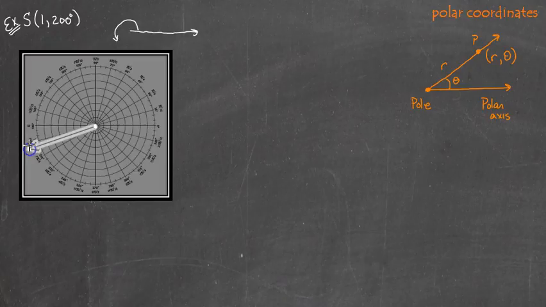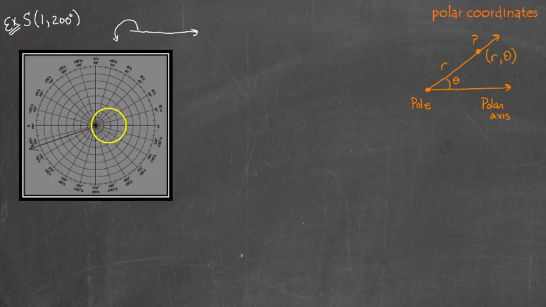So right here would be the 200 degree angle that I want. Now all I have to do is figure out where on that 200 degree terminal ray the value of 1 would be.